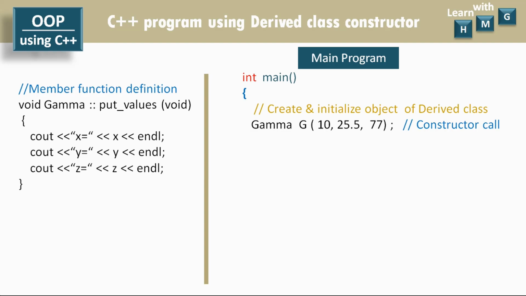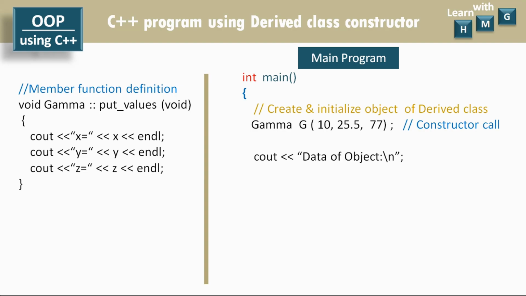This 10 represents the argument for base class 1. 25.5 will be passed to the constructor of base class 2, that is beta, and 77 will be passed to the constructor of the gamma class, in a sequence. And as per the definition of the derived class constructor, this distribution will happen. 10 will be assigned to data member x, 25.5 will be assigned to data member y, and 77 will be assigned to data member z of three different classes.